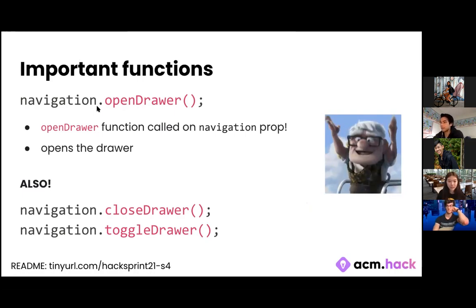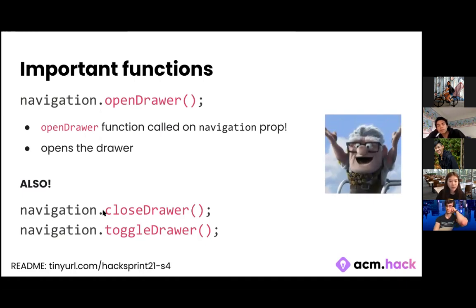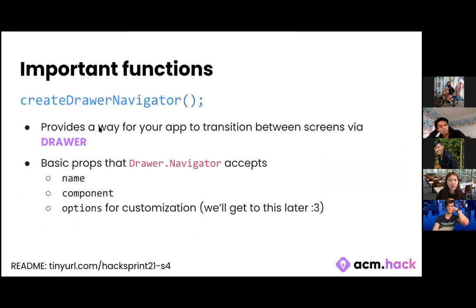It opens the drawer, which is, for example, on the Reddit GIF, I clicked in the upper left-hand corner and my profile showed up. Similarly, we also have closeDrawer, and we also have navigation.toggleDrawer. I feel like they're named pretty straightforwardly. closeDrawer will close the drawer, and toggleDrawer will either open it or close it depending on its current state.